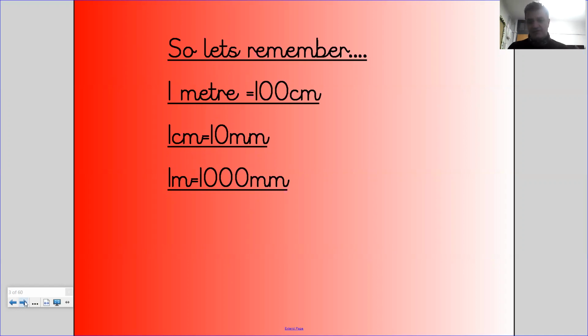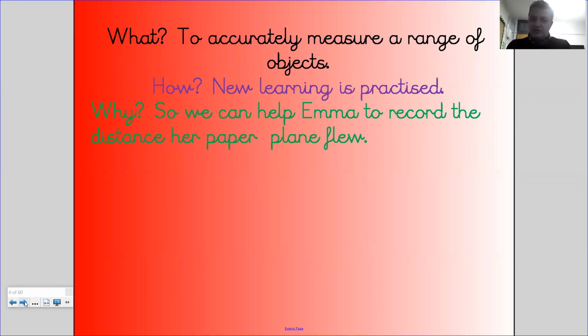Milli is my prefix, the meter is my base unit; a millennium is 1,000 years. Just like centi is the prefix for centimeter, it means 100: there are 100 centimeters in 1 meter.